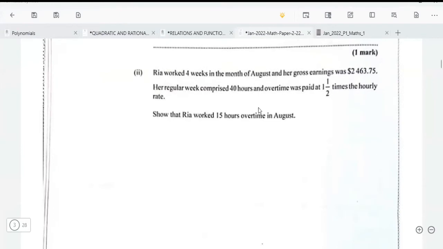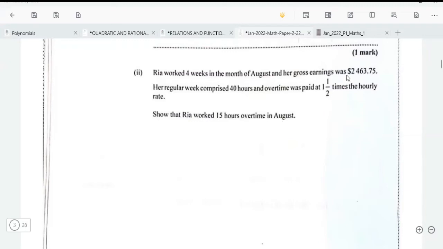Now the next question says, Ria worked 4 weeks in the month of August and her gross earnings was $2,463.75. Her regular week comprised of 40 hours and overtime was paid at 1.5 times the hourly rate. Show that Ria worked 15 hours overtime.